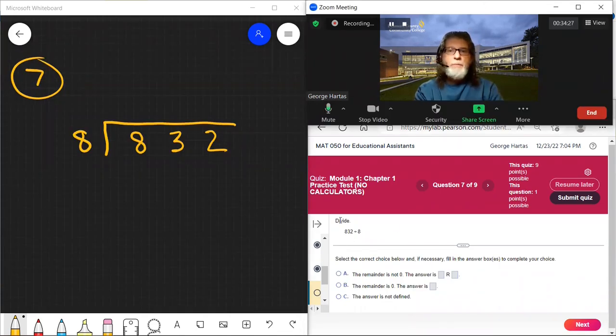Question 7. It's a division problem. Down here, notice how it's set up. It's 832 divided by 8. However, we want to change this format into a long division format. So basically what you have to do is just swap the order of these two numbers, see that?